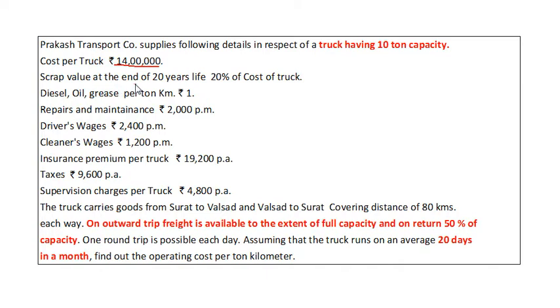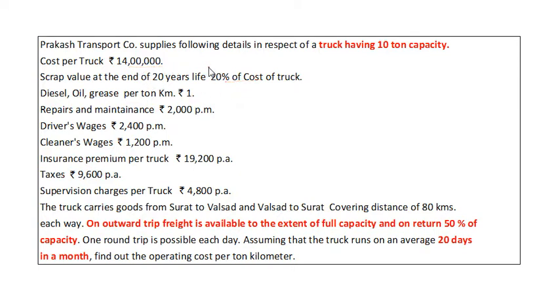Scrap value at the end of 20 years useful life is 20% of cost of truck. So this information will be used to calculate annual depreciation and then monthly depreciation of the truck. So scrap value would be 14 lakh into 20%, that is 2,80,000.